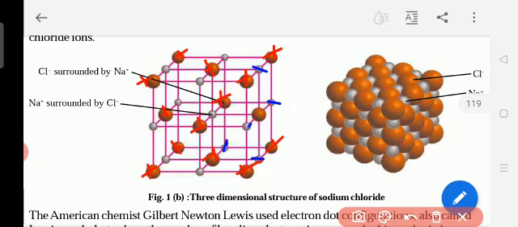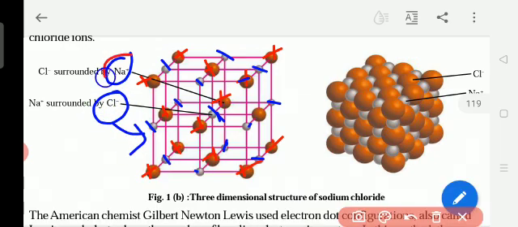Positively charged is plus. We will now write the charges. Positive is plus, plus, plus, plus, and then we write minus, minus, minus, minus, minus.